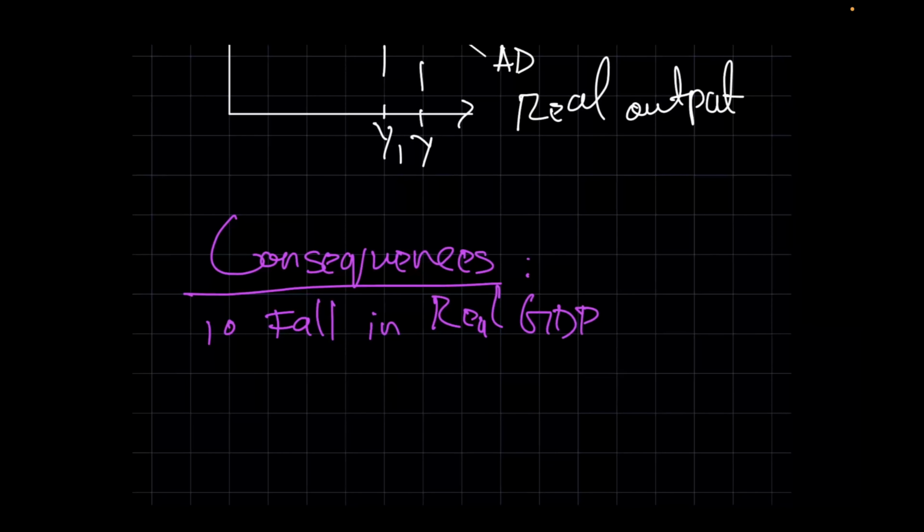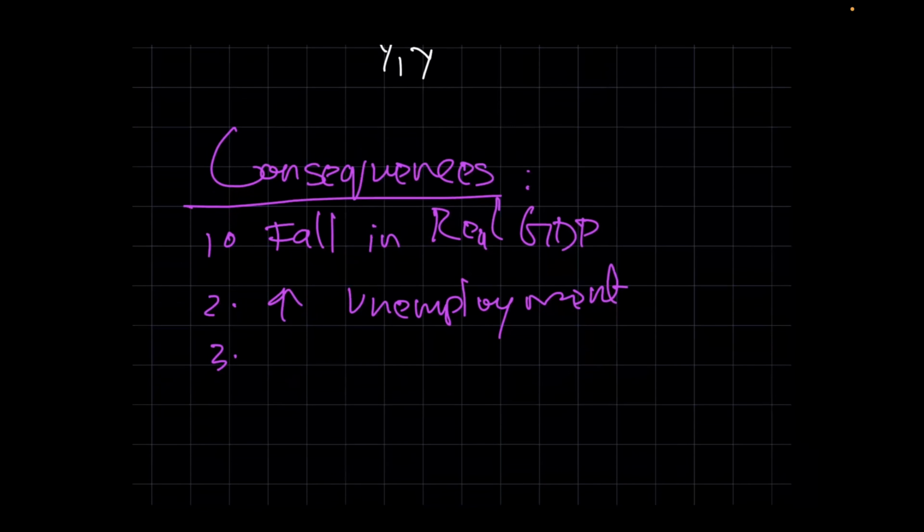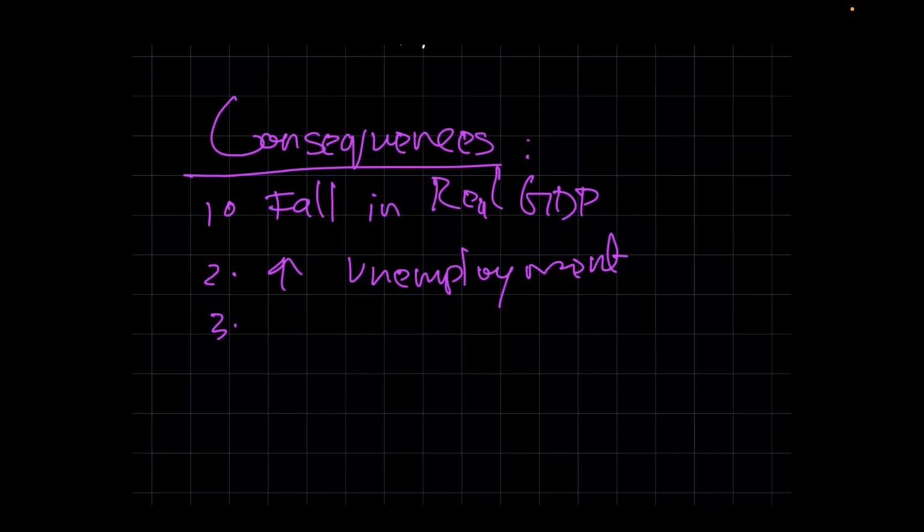This fall in real GDP will lead to higher unemployment, because your firms will start laying off workers in order to decrease their costs and in order to survive. There could be a lower standard of living because many people do not have the same incomes as before.